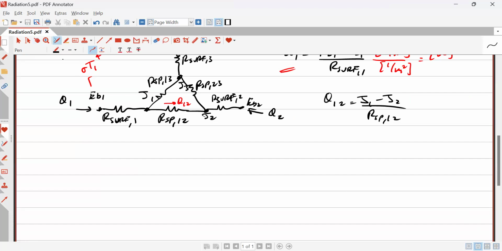All right, so let's talk about a few examples here. So the first example is the roof of a building at night.